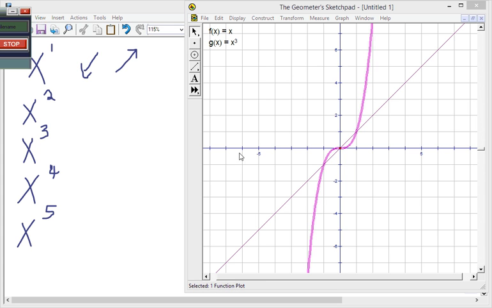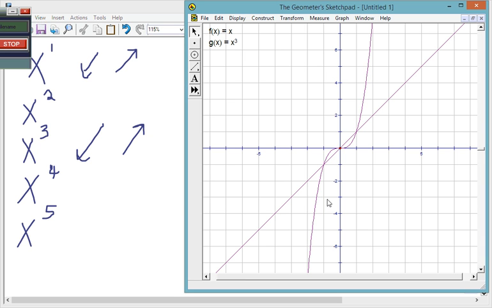As we go towards the negative side, the end of the graph is going towards negative infinity. So it's the same. The 3rd degree goes up to the right, down as we go to the left.